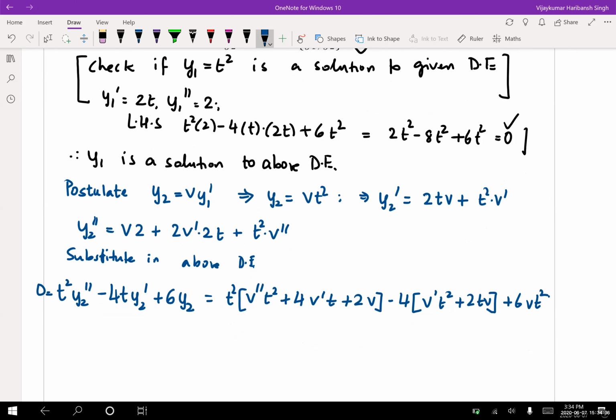Now let's expand this out. We get v double prime t to the power of 4 plus 4 v prime t cubed plus 2v t squared minus 4 v prime t cubed minus 8tv plus 6v t squared.